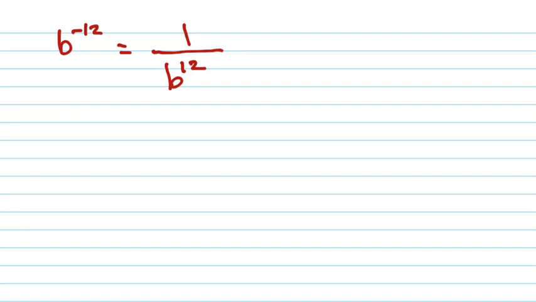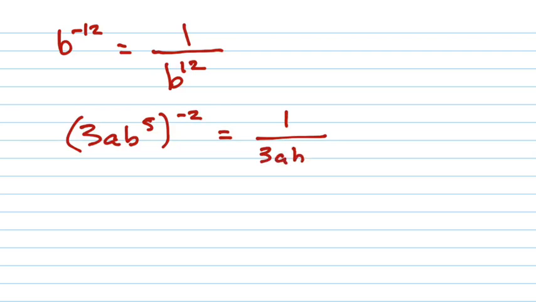Now, let's see. So look at number 6. 3ab to the 5th, all raised to the negative 2 power. The negative exponent on the parentheses tells you that the stuff inside shouldn't be in the top. It should be where? On the bottom. Okay? Which leaves a 1 in the top. And now it's to the positive 2. Right?